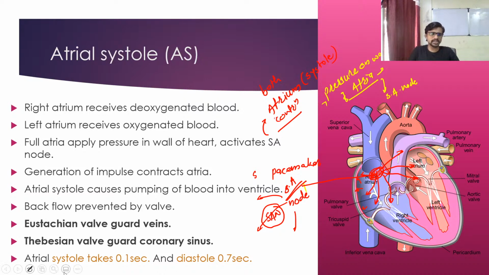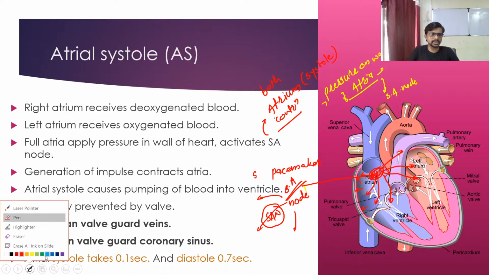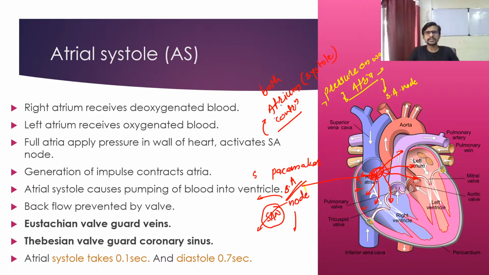What is meant by systolic? They are in a contracted condition because of the contraction of the atrium wall due to the SA node. So the SA node is responsible for the contraction of atria only, and not the ventricles.